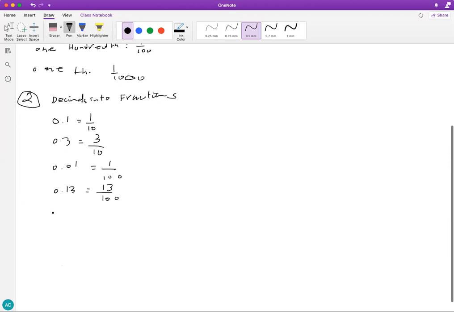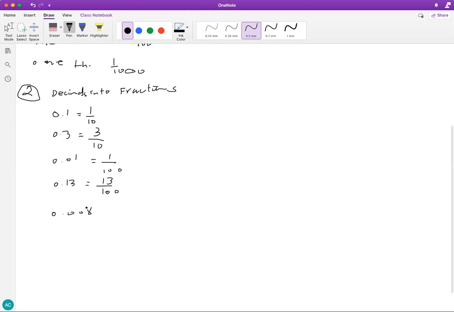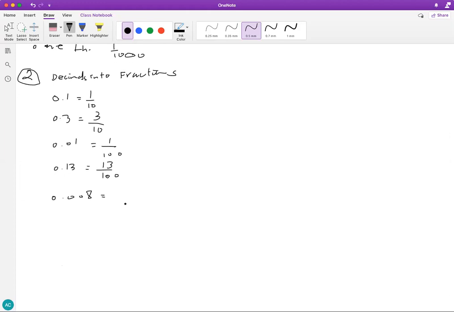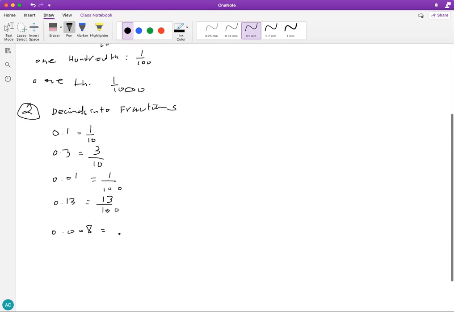And the same way works for the thousandths. So let's say 0.008. What is this as a fraction? 8 thousandths. That's right. The tenths, the hundredths, and the third one is the thousandths, so 8 thousandths.